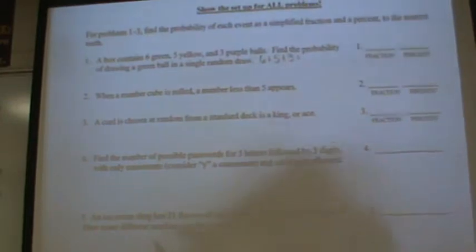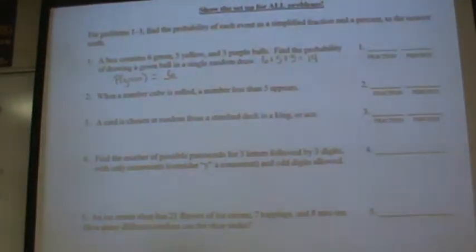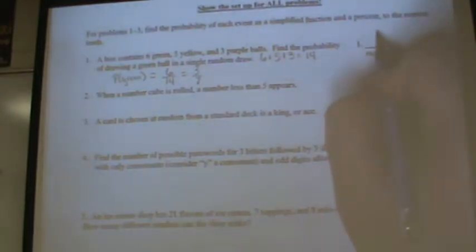So we have 14 total. And we want to know the probability that we're going to get a green one. So we have 6 green, so the 6 is going to go on the top, and that's going to be over the 14 total. We can simplify this fraction and it becomes 3/7. So over here our simplified fraction is 3/7.